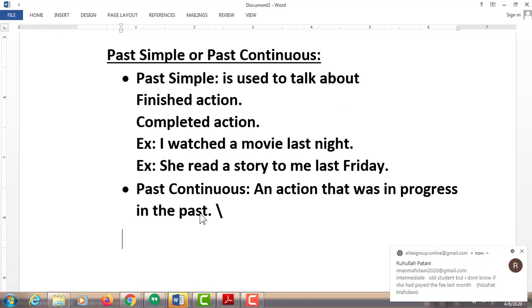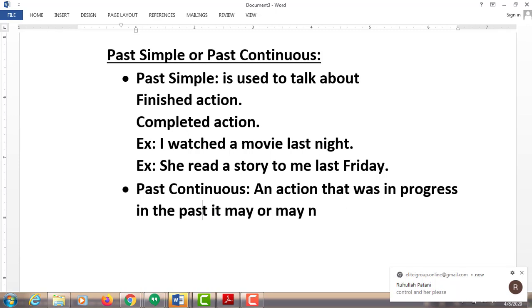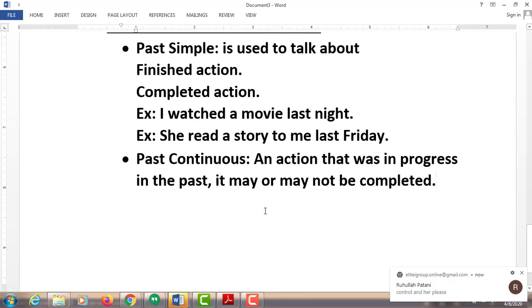It was in progress in the past, but it may or may not be completed, because you don't know the completion, whether the action was completed or not.